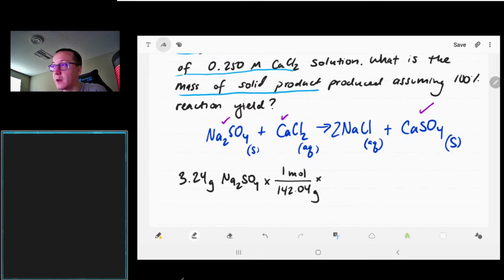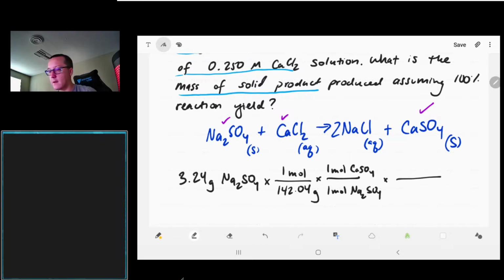Looking at our reaction coefficients here, we have the same thing, one for each one. And then calcium sulfate we can look up as well. The molar mass is 136.14.